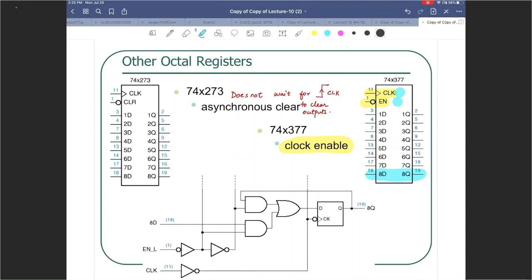So 8D here, 8Q here, along with active low enable and a clock. Only those 4 things are being shown here. But I hope you can see that there will be 8 versions of this, for 7D, 7Q, 6D, 6Q, and so on, up to 1D, 1Q. All right, so let's erase this.